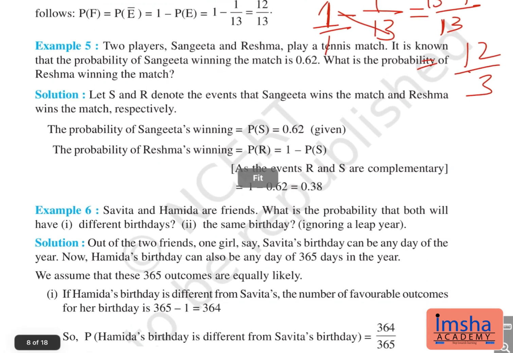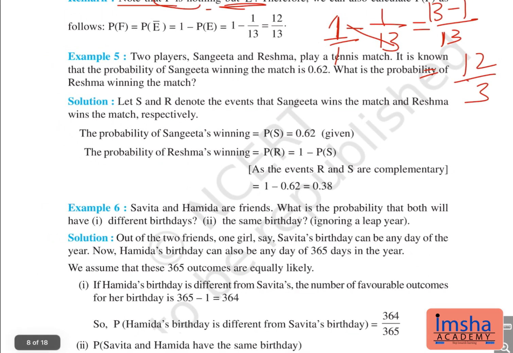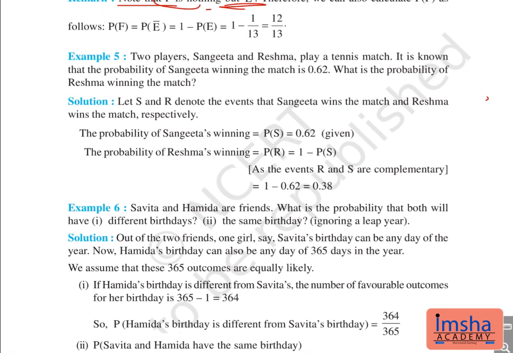Moving to the next question. See here, two players, Sangeeta and Reshma, play a tennis match. It is known that the probability of Sangeeta winning the match is 0.62. What is the probability of Reshma winning the match? So how can we know the probability of Reshma winning the match? By knowing the probability of Sangeeta not winning the match, right?